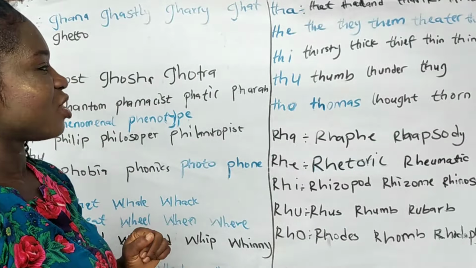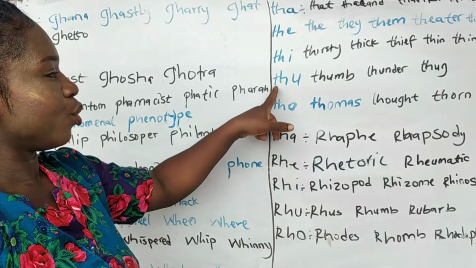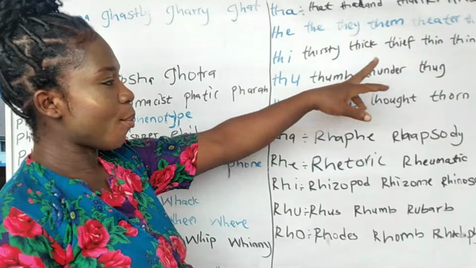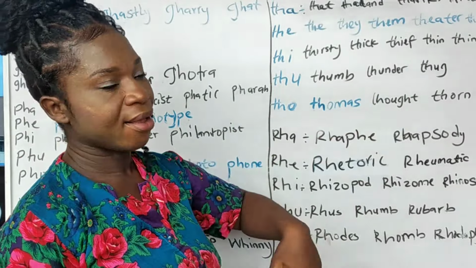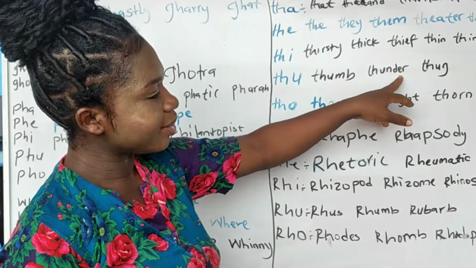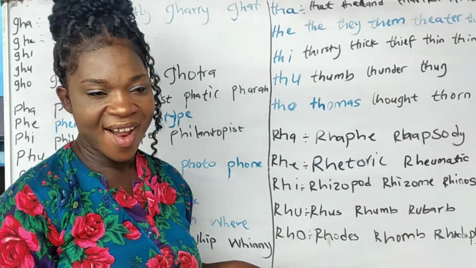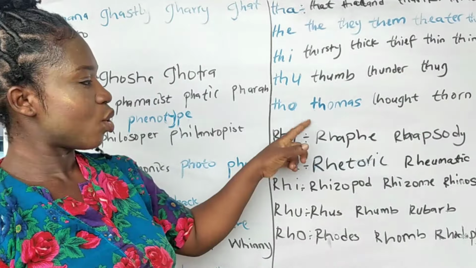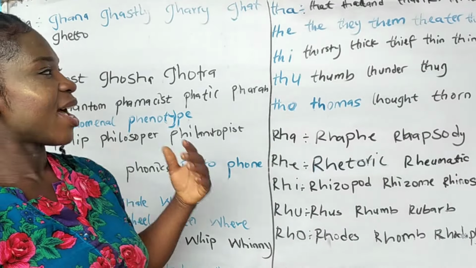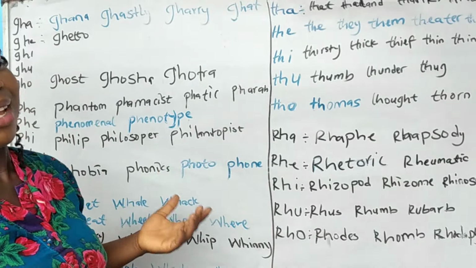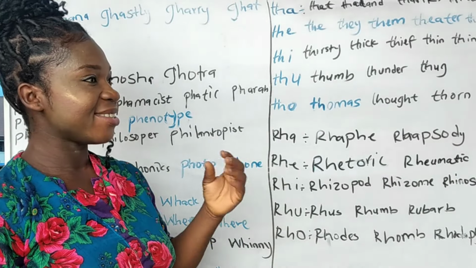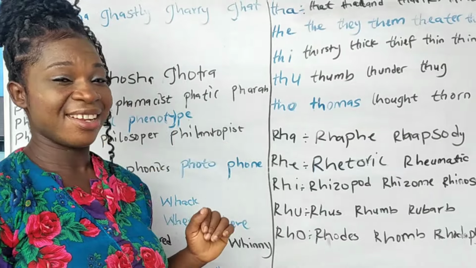Okay, so the next one we have the two. This is you. Okay, we have thump, thunder, tug. Thump, thunder, tongue. All right, the next one we have toe. All right, so as you can see, at some point it sounds like in between D and T, and at some point again it sounds like T. That's English for you, right?